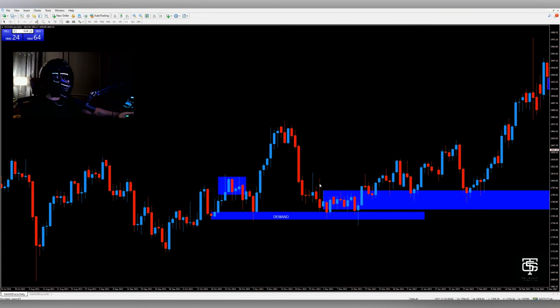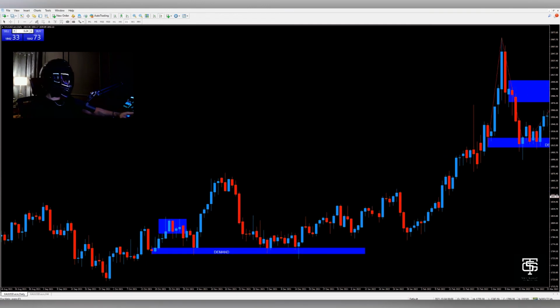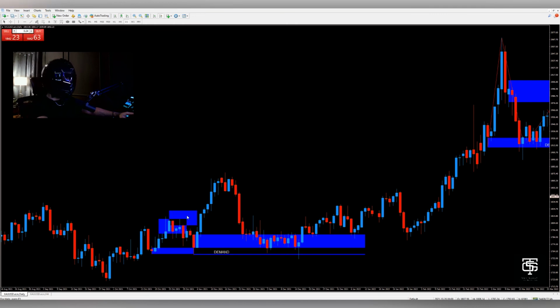Let's look further. Where is our next demand zone? We have this engulfing buy. This is the sideways, similar to this. This is the pullback into the zone.